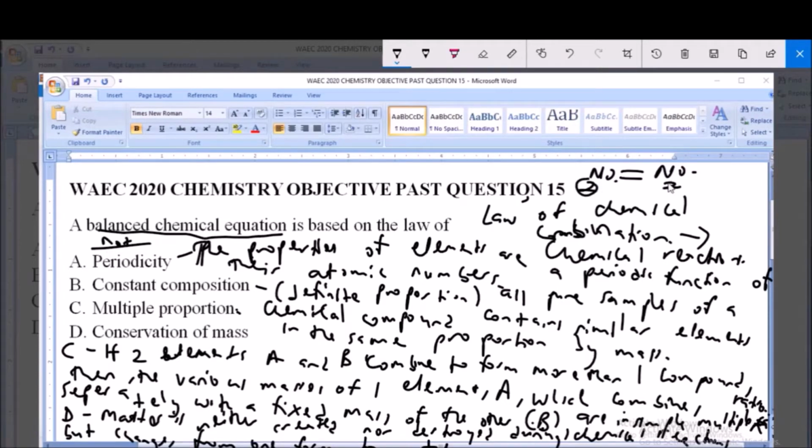The number of atoms on each side of a balanced chemical equation is usually equal, and this is due to the law of conservation of mass, because it shows that no atom or matter was created or destroyed, but was converted from one form to another in the process of the chemical reaction. So option D, the law of conservation of mass, is what a balanced chemical equation is based on.